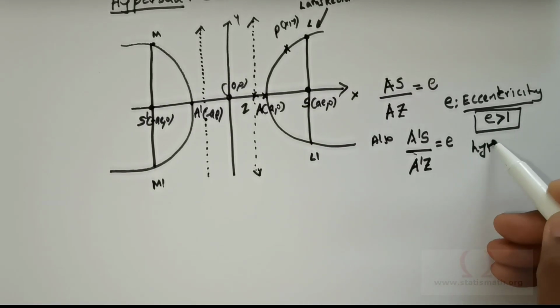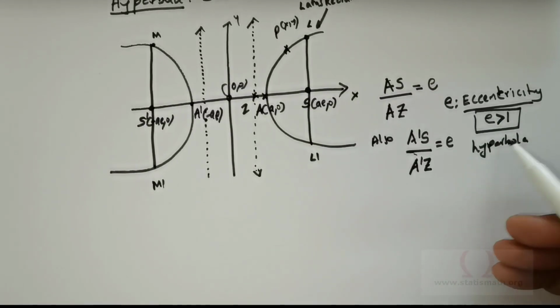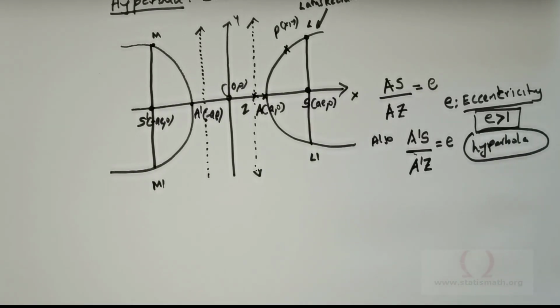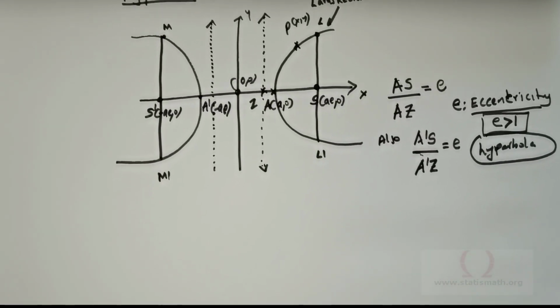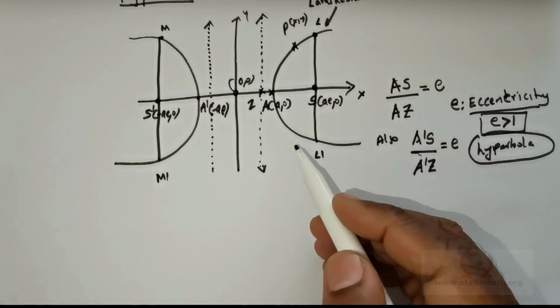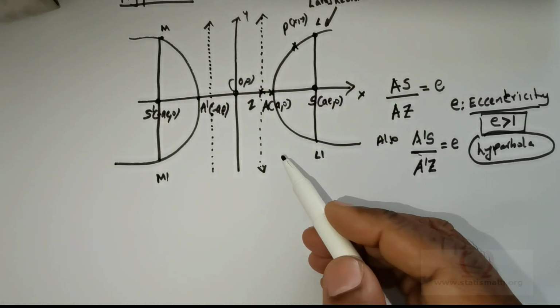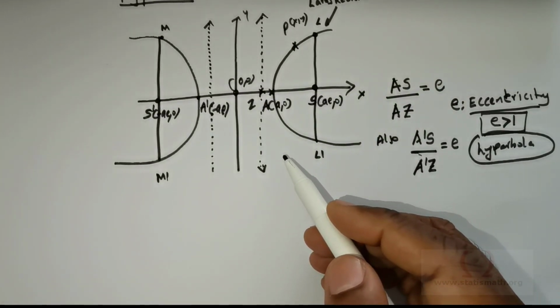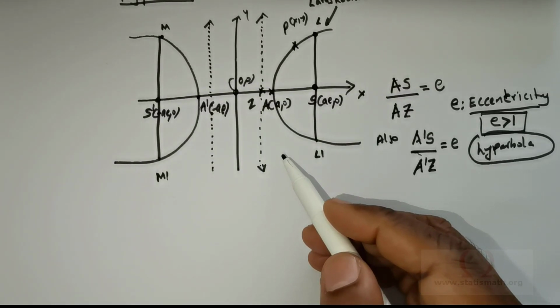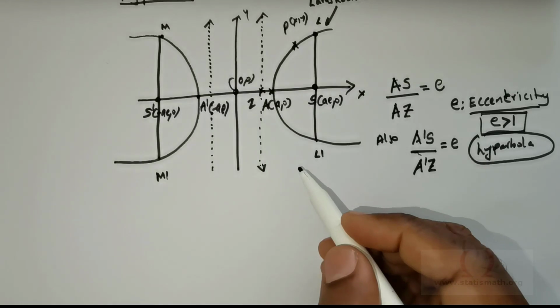Okay, remember that for the hyperbola the value of E is greater than 1. So we have got the foci, we've got the vertices, we've got the directrix. So we've got these things, and now there is something we need to also get.